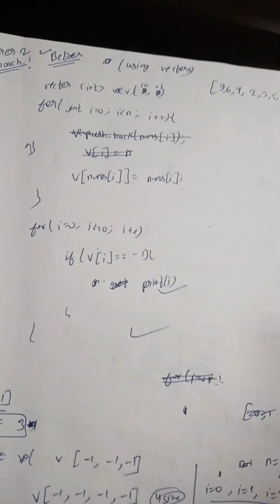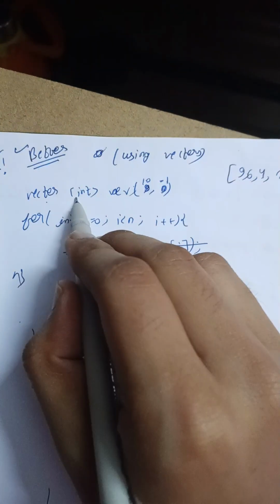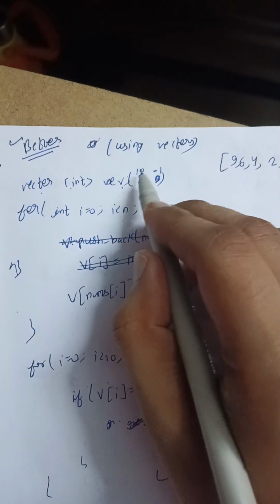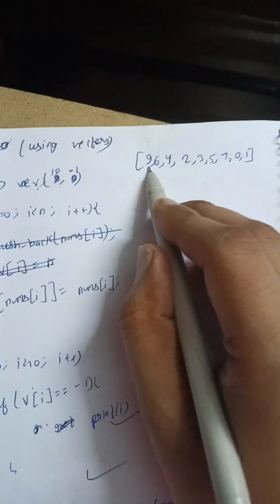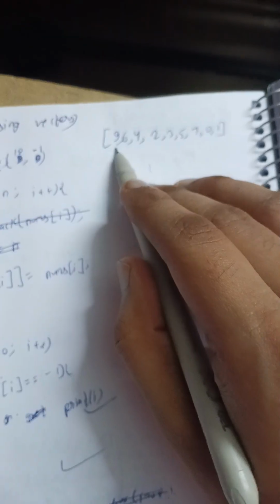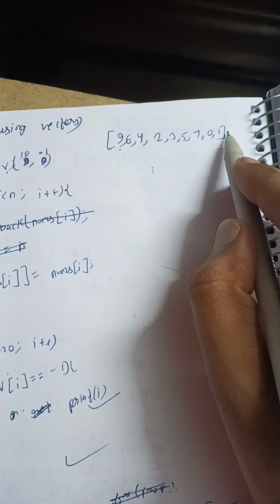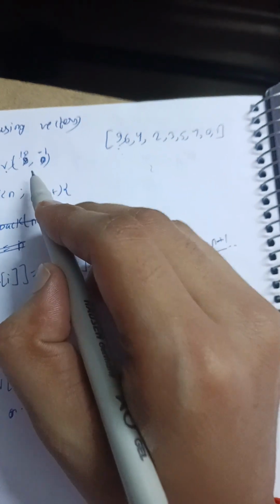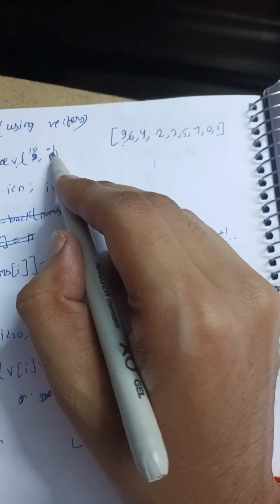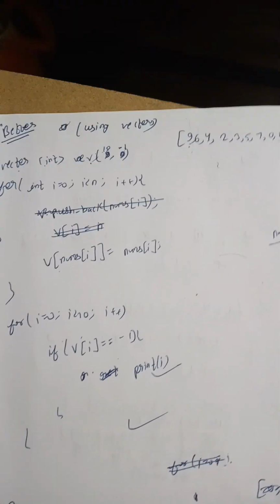How do we create this vector? If this is our vector of size 9, the original vector, we will create another vector of size 9 plus 1, that is 10, whose terms are all minus 1.